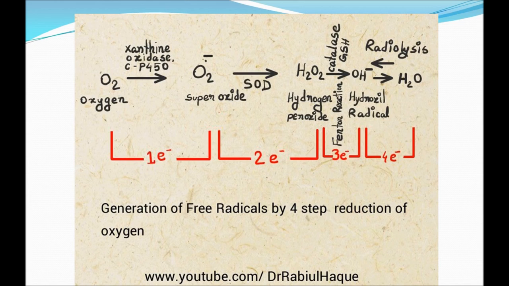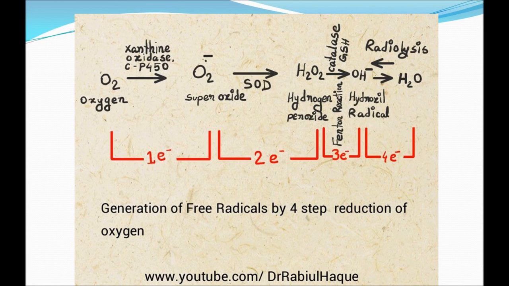But also notice that hydroxyl radicals can be produced from water too, and that happens during radiolysis. So keep in mind that hydroxyl free radicals can be produced in two ways: from hydrogen peroxide during the transfer of the third electron, and from water during radiolysis.